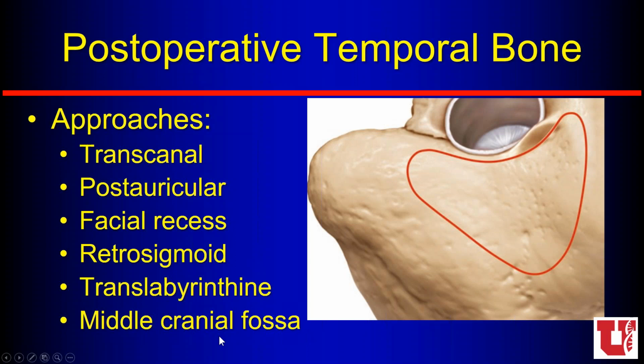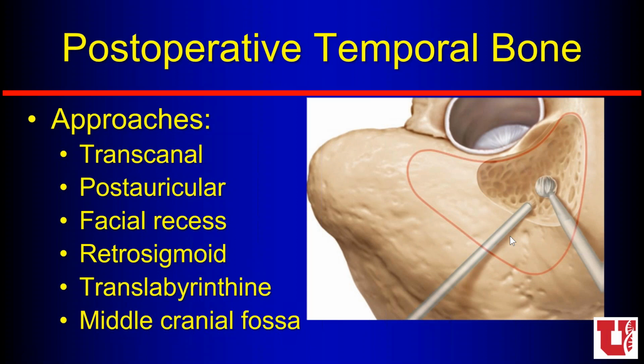The neurosurgeons are going to be more comfortable doing a posterior fossa retrosigmoid approach or middle cranial fossa, whereas if you work with neurotologists, you may see a lot of translabyrinthine approaches to the temporal bone itself. And when they think about the temporal bone, they're going to spend a lot of time drilling very subtly with their little diamond burr drill through these mastoid air cells.